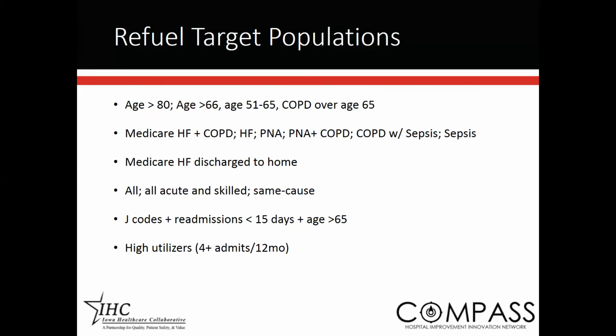This fifth bullet point was very specific, and I shared it because I just loved what that meant to me, which is that you have thought this through. Whatever this means to you, you've clearly thought it through. One team is targeting patients with J codes, patients who have been readmitted within 15 days, and patients over the age of 65.